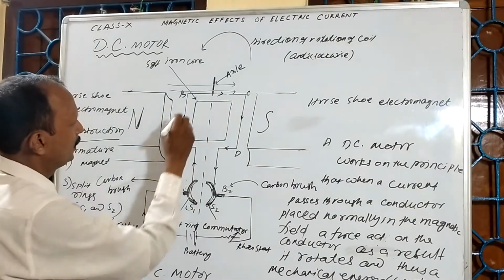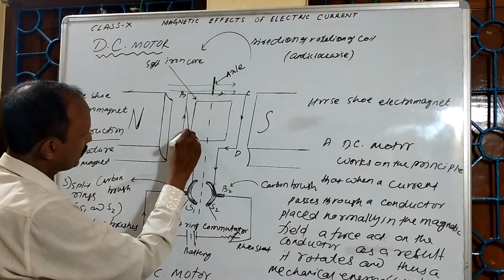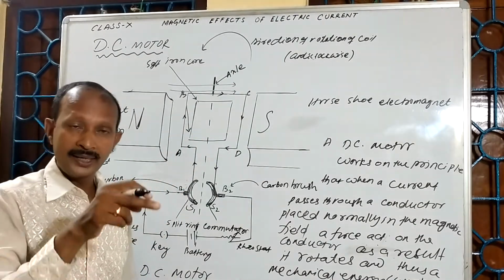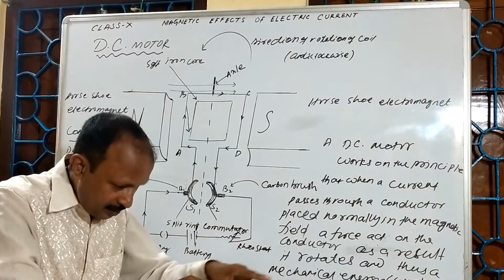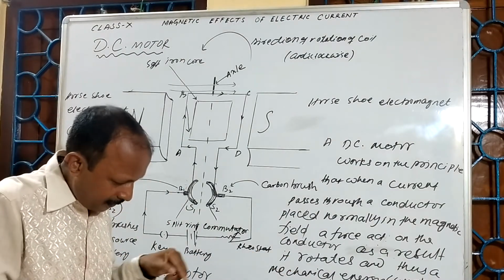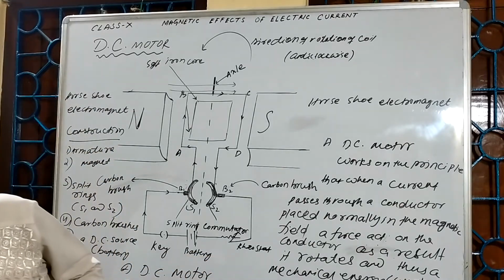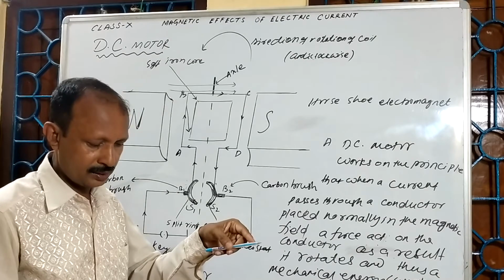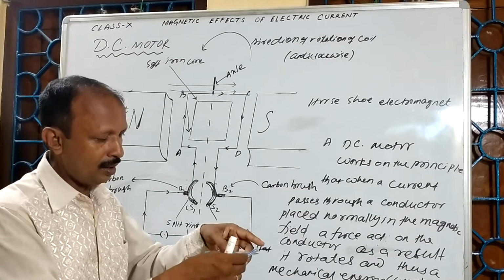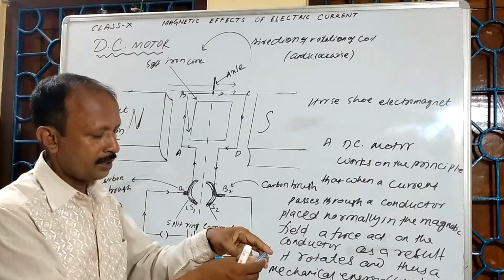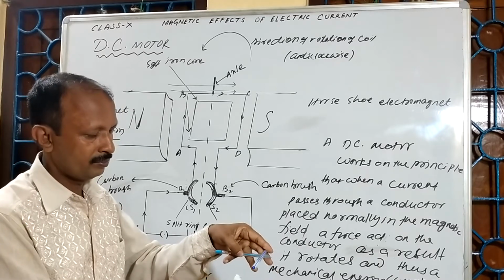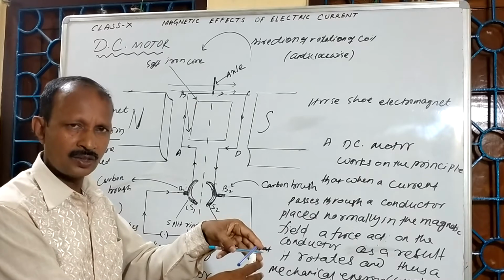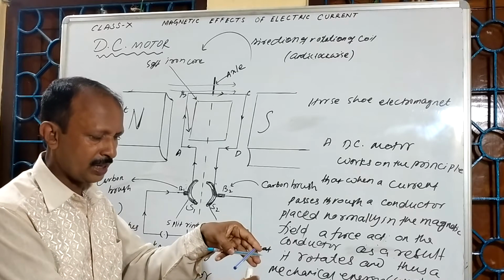The force direction is downwards, or I can say if this is the rectangular coil, this is the current, this is the direction of magnetic field, this one will be the direction of motion of the conductor.